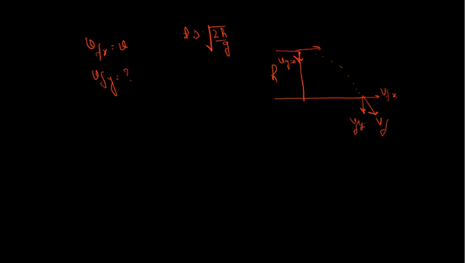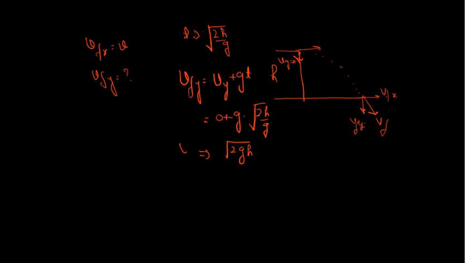If I apply the first equation of motion, then v final of y is equal to vy plus gt. So I can write vy is 0, plus g multiplied by square root of 2h divided by g. If I solve it, I will get square root of 2gh.